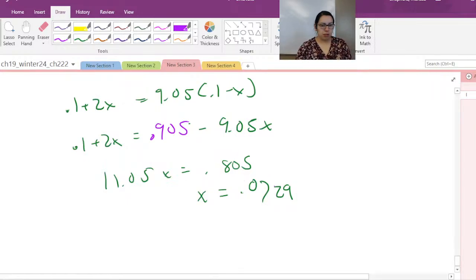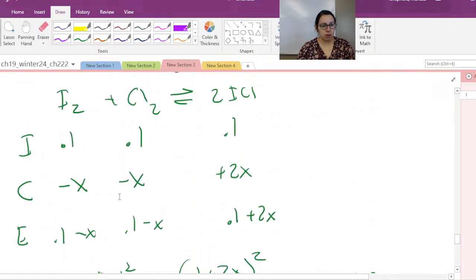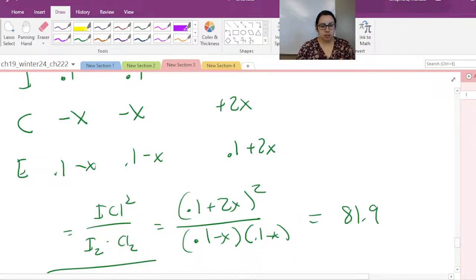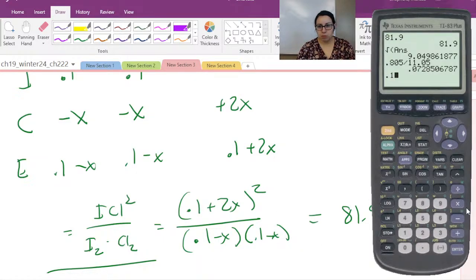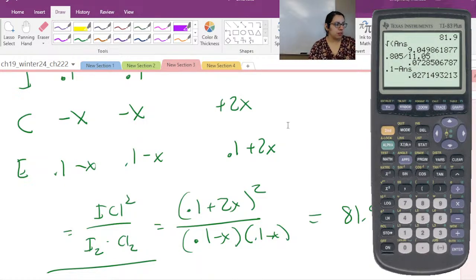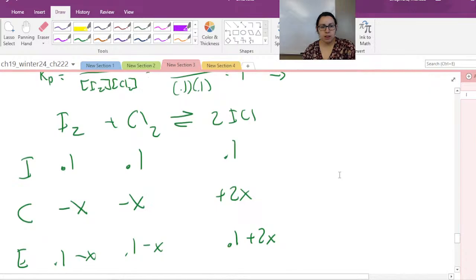And so then now plug x back in to our equilibrium. And so luckily they're the same, so 0.1. So then we should get 0.027 atm for iodine and chloride.